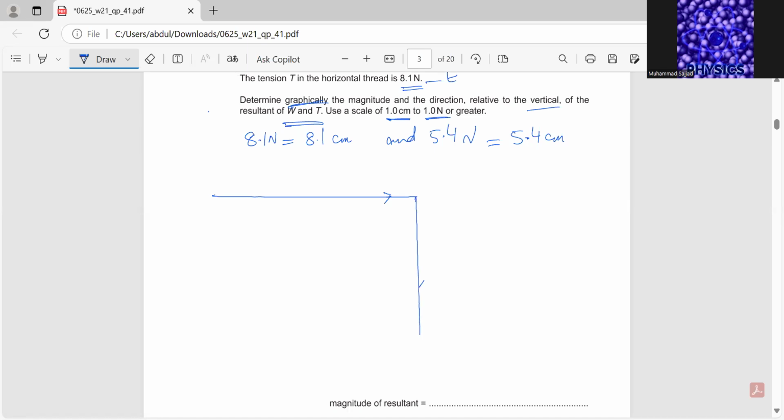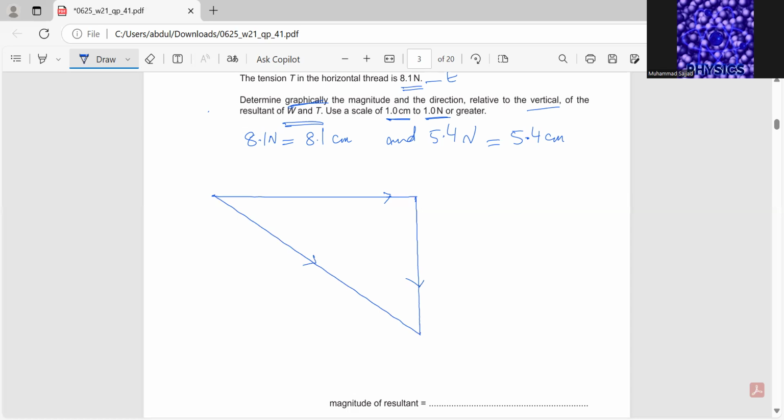Starting point was this, end point is this. So just join them together, directed from start towards the end point. And now the arrow will be pointing from starting point to the end point.